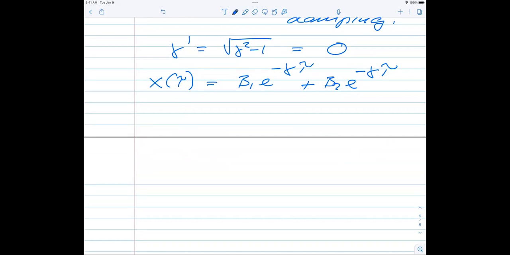So these two solutions are equal, and then we can only define one of them. So what we need to do now is to add a new solution.